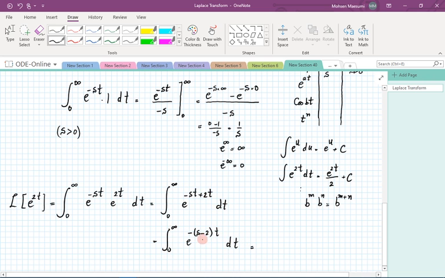Now I can say this is very similar to what I started with, except that instead of s, I have s minus 2. I have substituted s minus 2 for s. So if I do the substitution on the left, I should get the same thing on the right with the same substitution.